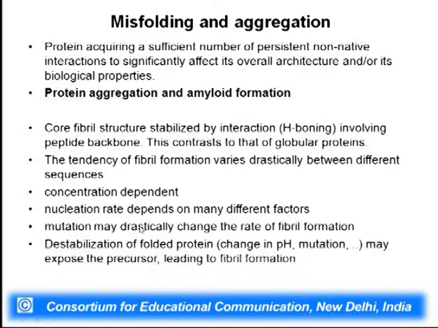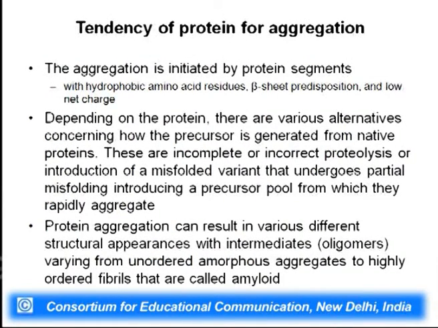Many mutations can modify the primary structure so much so that the protein never folds properly and it misfolds and aggregates. And there is a destabilization of the native folded protein by changes in the environment of the protein, its pH and other mutations, and it may expose the precursor leading to further fibril formation. So, the critical thing you will realize is that aggregation prone proteins will have a lot of hydrophobic amino acid residues.